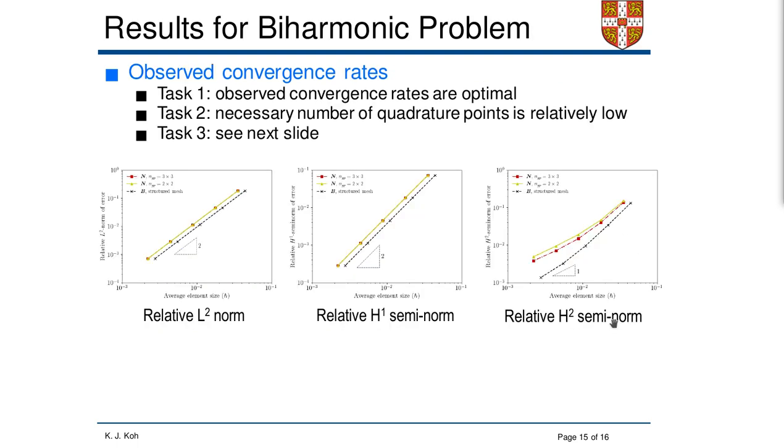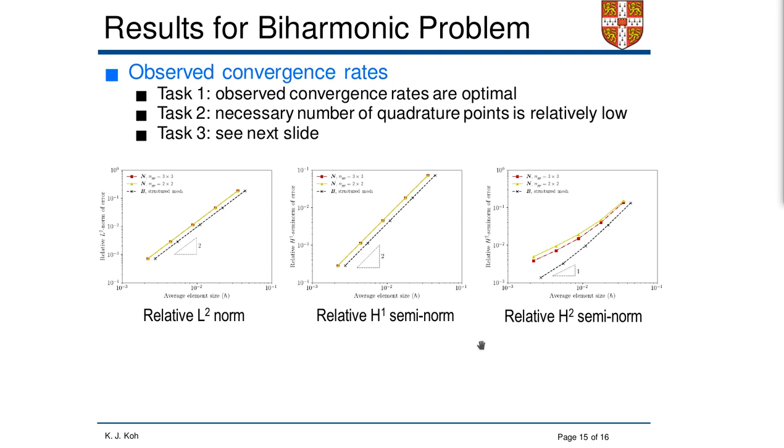Using the SB-splines, we observe optimal convergence rates for the biharmonic problem, that is a convergence rate of order 2 with respect to the L2 norm and H1 norm, and order 1 with respect to the H2 norm. In addition, using just the standard Gauss quadrature rule with a relatively small number of quadrature points turns out to be sufficient.